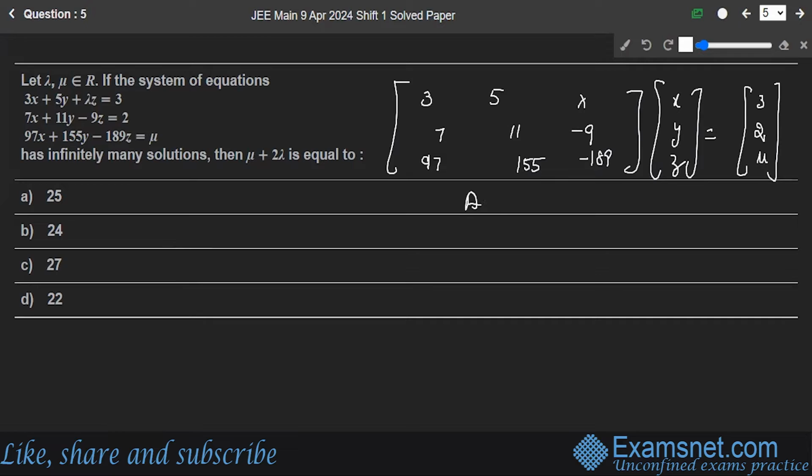So this is of the form AX equals B. So X will be given by A inverse into B. And what is A inverse? This is given by adjoint of A divided by the determinant of A, into B.